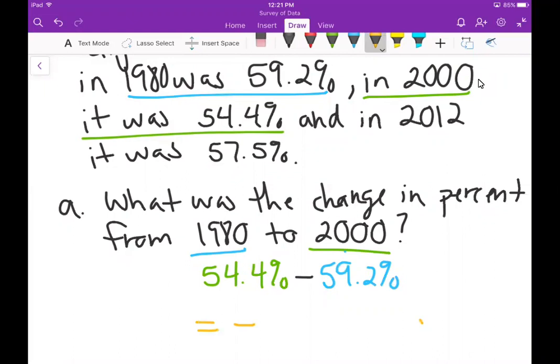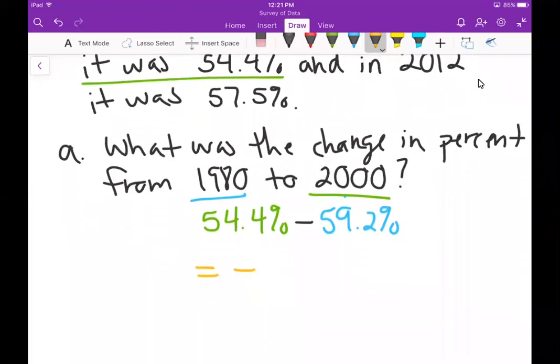So it's going to be negative something, and remember here, always do the easier subtraction problem and just realize it's going to be a negative answer. So we're going to take 59.2 minus 54.4. We're going to have to do some borrowing if you're doing this by hand. And you should get 4.8%. Make sure we're in context, put that unit on the final answer.